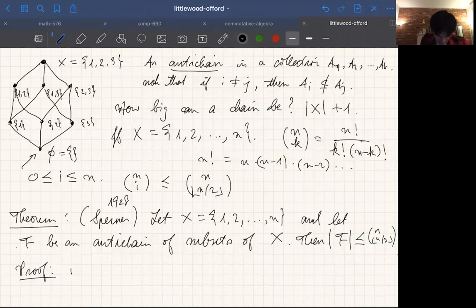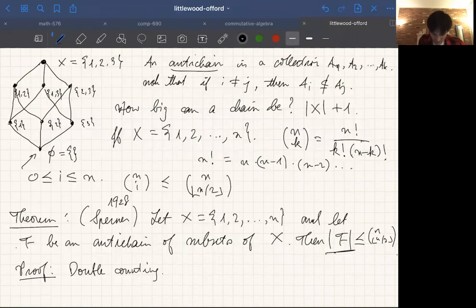The proof is by double counting. The general approach to double counting is you try to count something, or in this case, we're bounding a number by counting something in between.